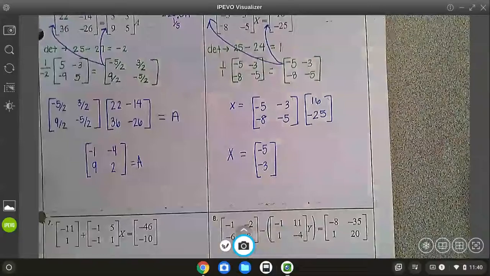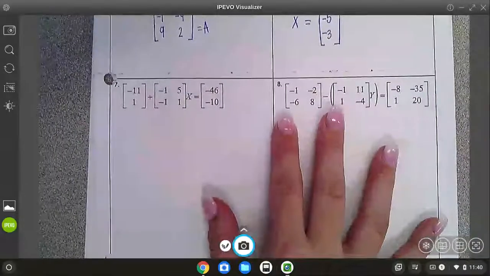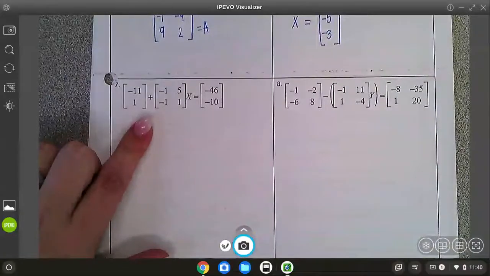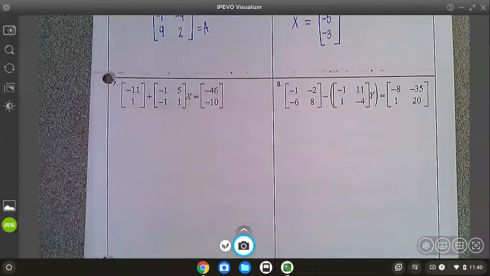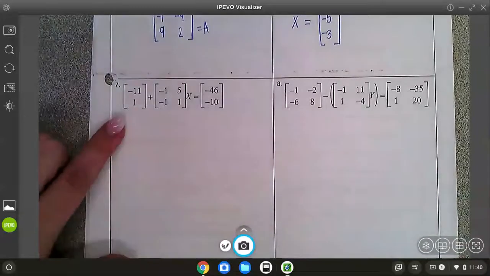All right, number 7. This one is a multi-step one. So what step do we do first? We're going to subtract this matrix first. Good.